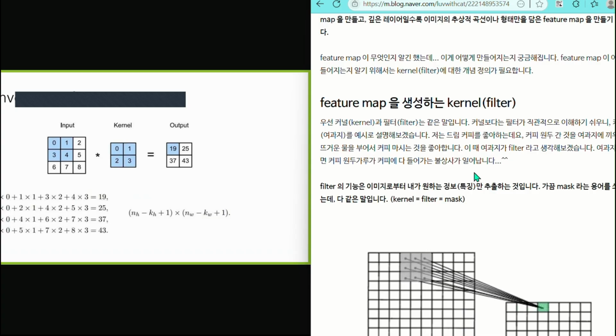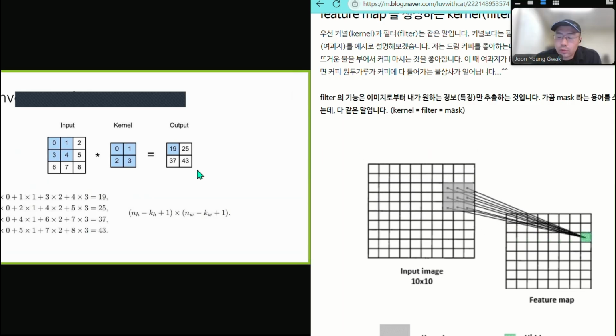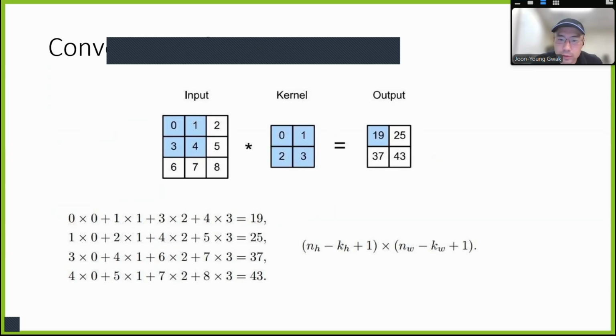These kernels are learned during the training, but they could be understood as, for example, in this 2 by 2 matrix, if the second column is all 1 and the left column is all 0, that would be the first column being 0, 0, and the second column being 1, 1.